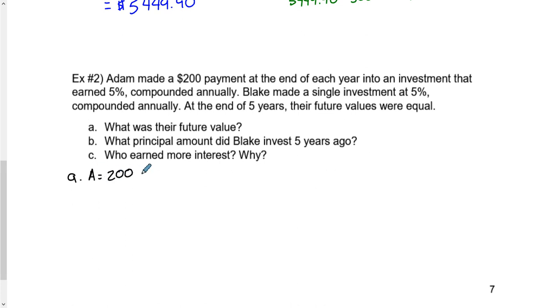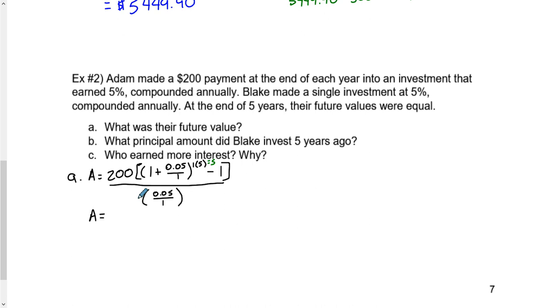So that $200 goes in. Add our rate, which is 5%, compounded annually, at the end of 5 years. So 1 times 5 is 5. Subtracting the 1, all over 0.05 over 1.